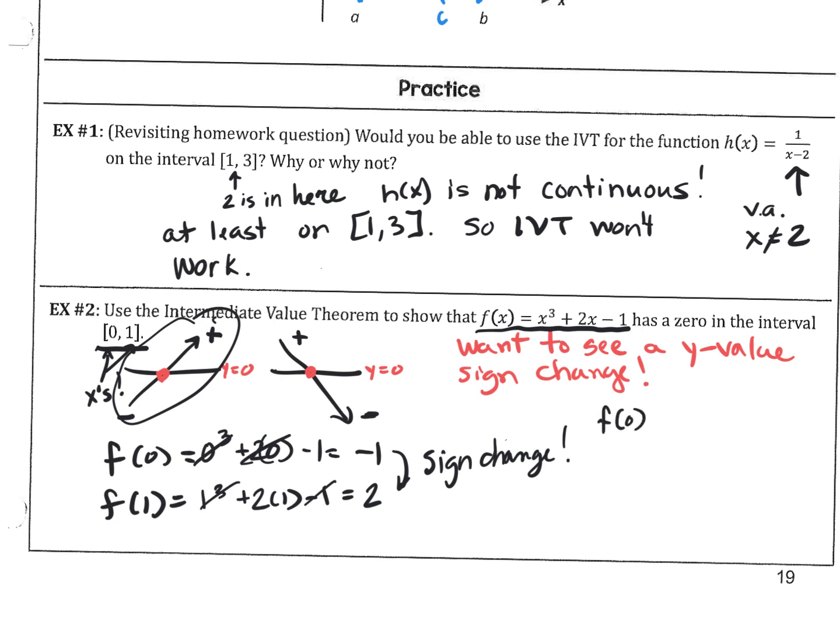We know that f of 0 is less than f of c, which is less than f of 1, right? Those are the y values. So if this lies somewhere between those two, and this is a negative and this is a positive, then c must be where it crosses the x-axis, right?